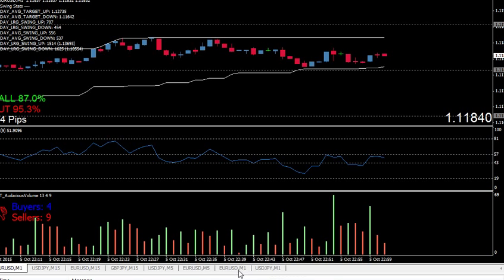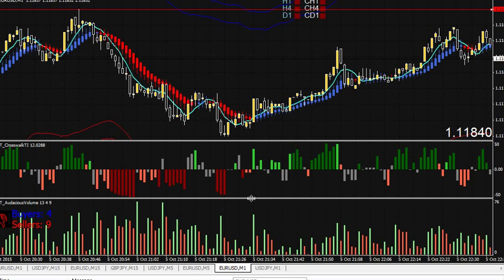Also, there's another chart that I took a gander at, and that's this chart over here. These are Heikin-Ashi candles, and every one of these from the hour to the 4 hour to the day, they were all saying down.